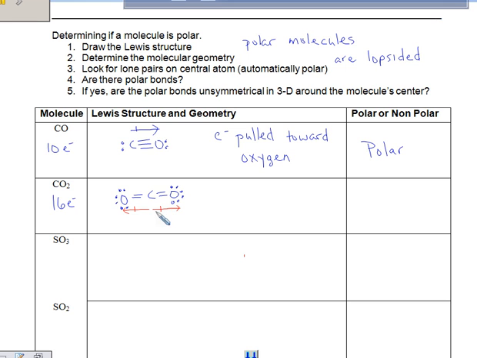But what I want you to look at here is that the electrons are being drawn equally away from both sides. This is a linear molecule. So these poles are exactly 180 degrees apart from each other. So the polar bonds cancel each other out.